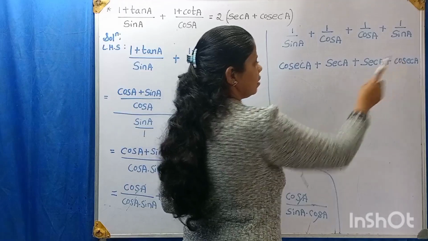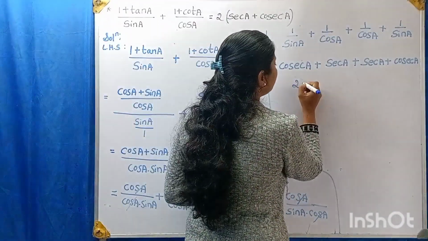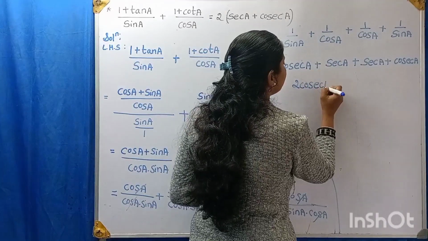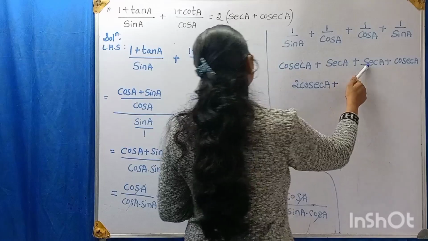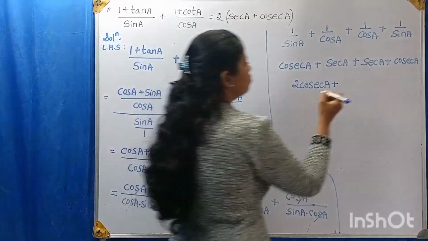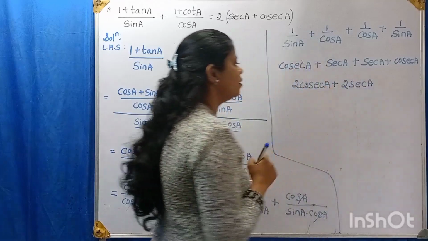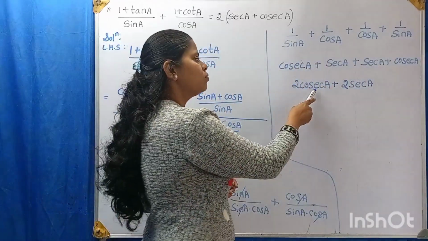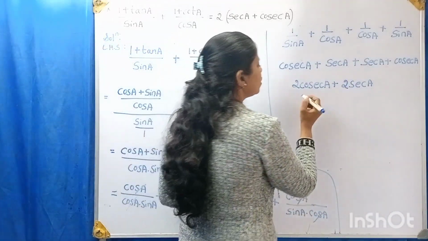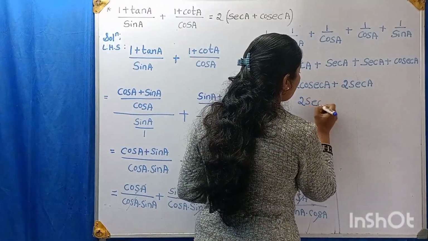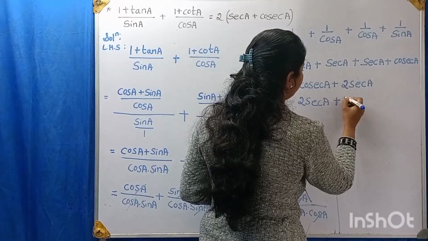Cosecant A plus cosecant A, what will it become? 2 cosecant A. Secant A plus secant A becomes 2 secant A. Now this 2 cosecant A plus 2 secant A I can write as 2 secant A plus 2 cosecant A. No problem, you are just interchanging the places.